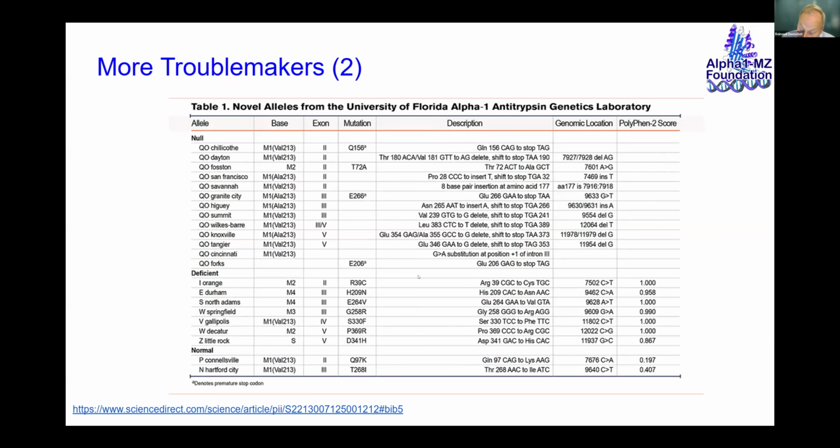This is a list from 2 years ago of 22 new mutations discovered by the University of Florida. We don't know the precise effect of most of the mutations yet. Each mutation can alter folding, secretion, or function in slightly different ways, which is why deeper genotyping matters. Here you see the Chillicothe mutation, and here the Z Little Rock.